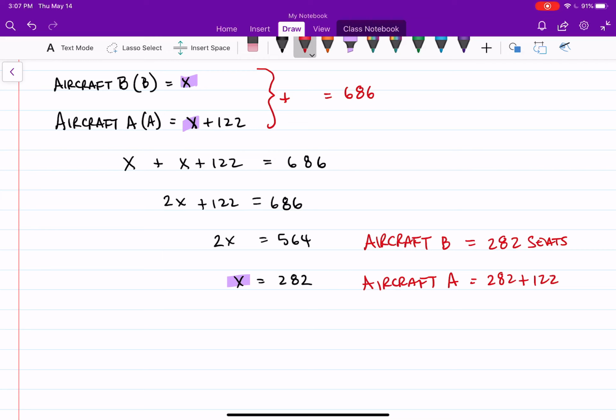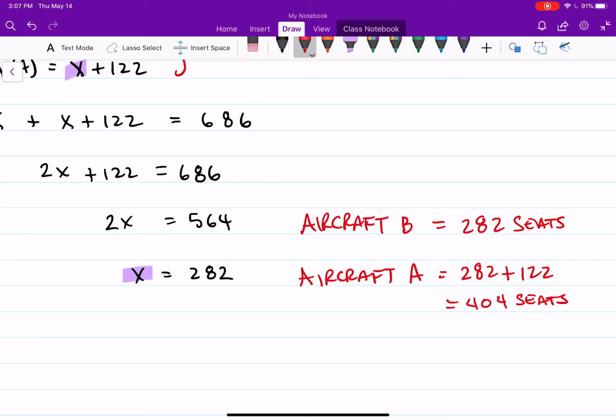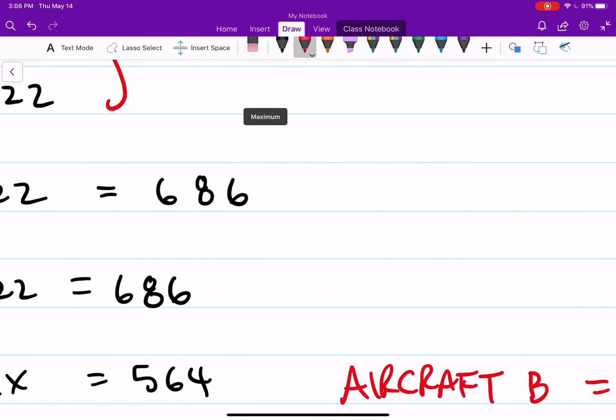So what's 282 plus 122? It has a total number of 404 seats. Okay, so you can check this. You can do 282 plus 404 and see if it gives you 686.